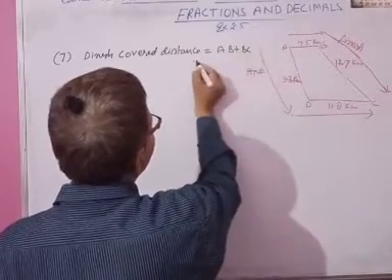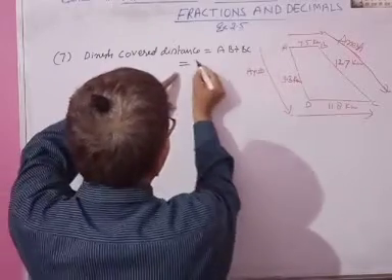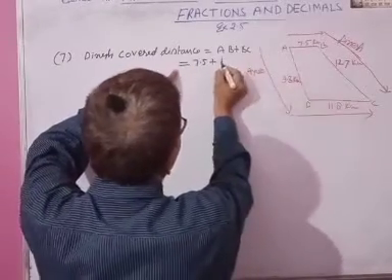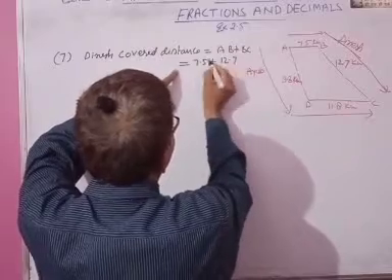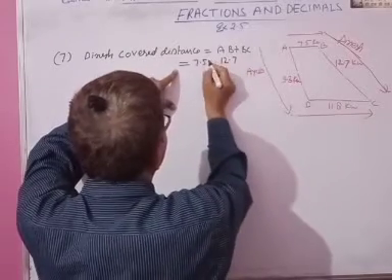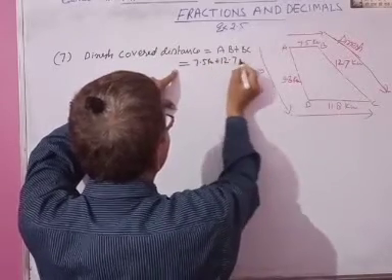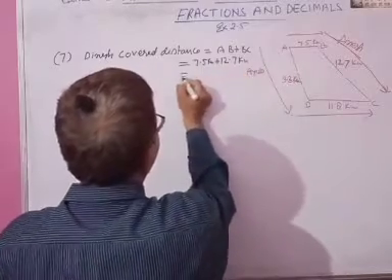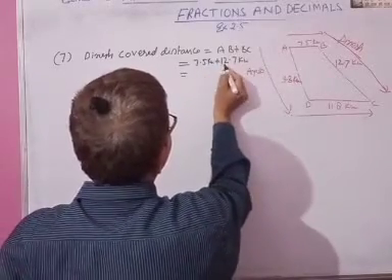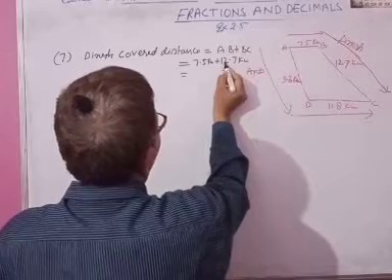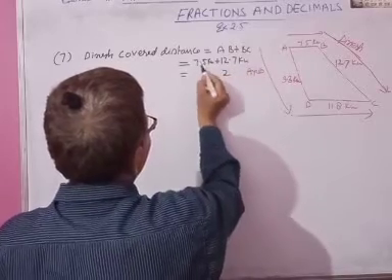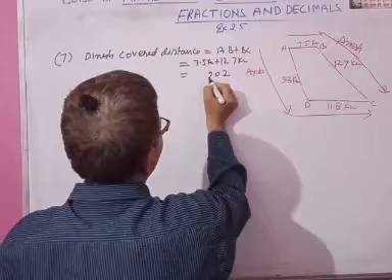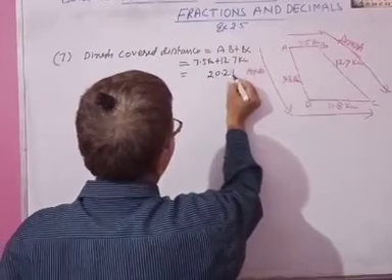That is AB is here 7.5 plus 12.7. This is kilometer. You can add 5 plus 7, 12, and 2 plus 7, 9 plus 10, 1 plus 2, 20.2 kilometer.